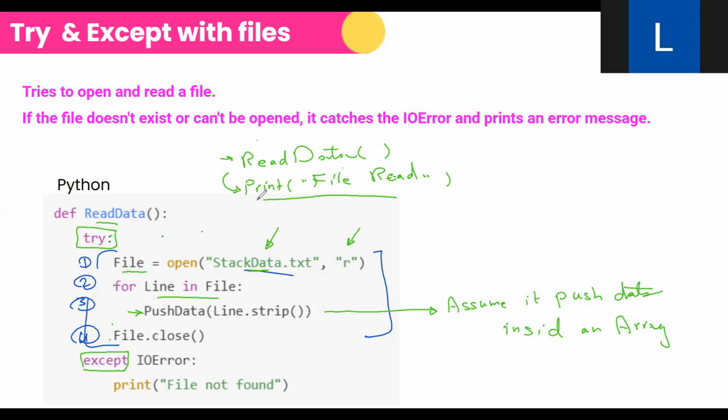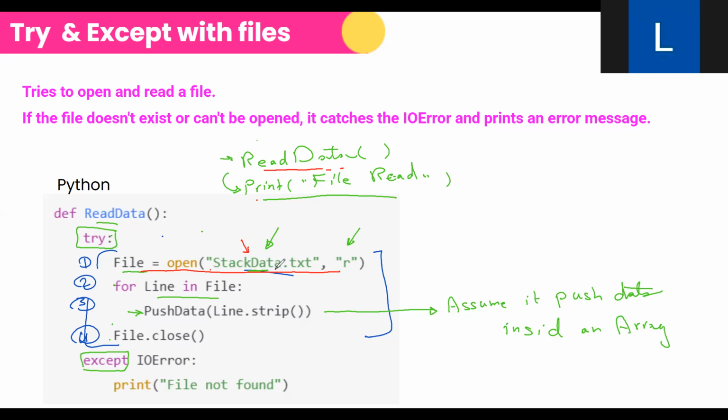So if I face an error here, which means that it caused an exception, the execution of the program will halt, and it will tell me that this line has an error because we do not have this file.